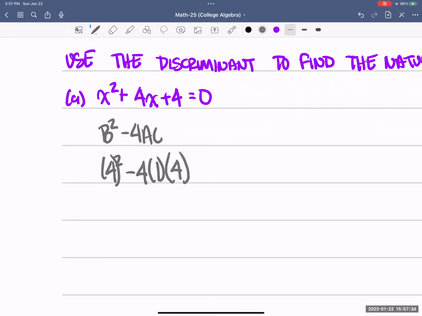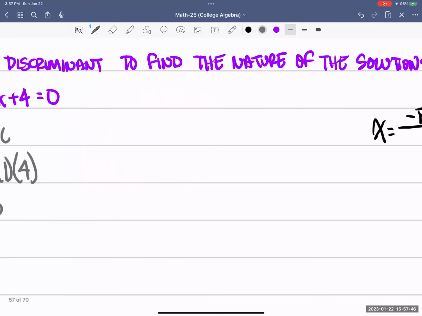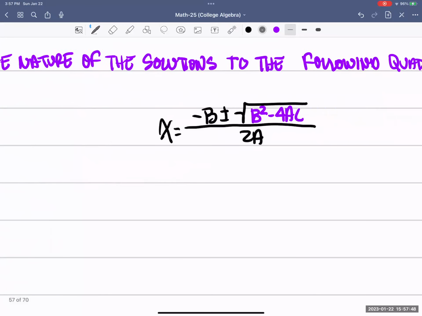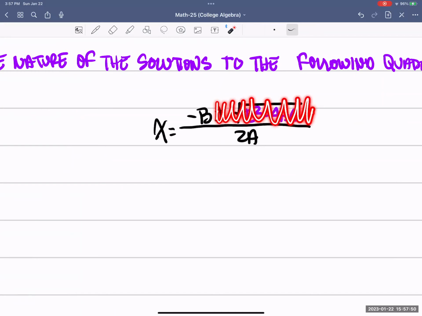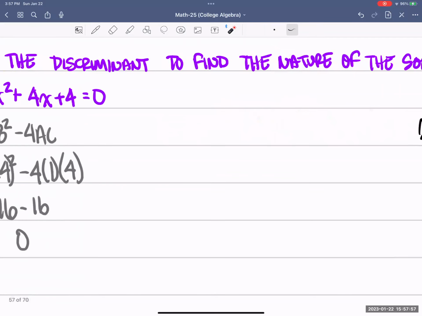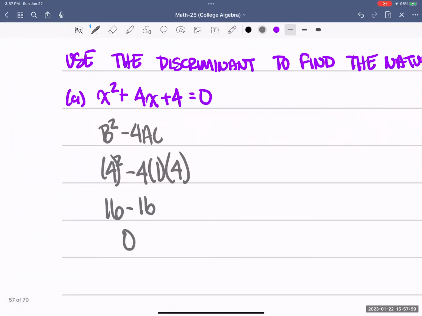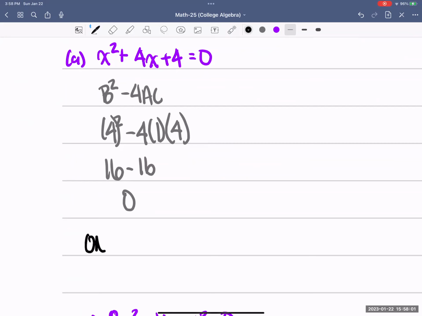So 4 squared is 16, minus 4 times 1 times 4, which is 16. This gives us 0. Because this is equal to 0, we've gotten rid of this whole part, leaving us with just negative b over 2a. So this tells us we have one real solution.